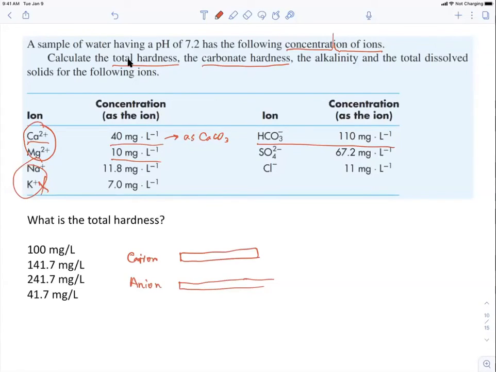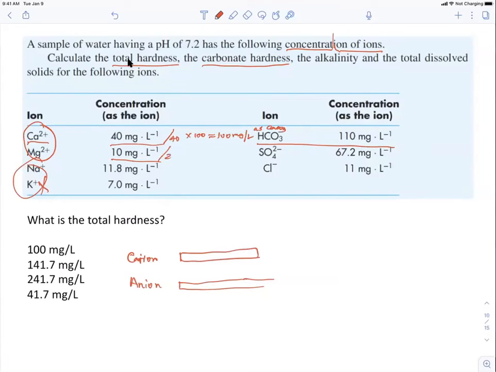So we used 40. So basically, use 40 divided by 40, which is the molecular weight of the calcium. And then we multiply that by 100. Okay, so you can see that this is going to be 100 milligram per liter as calcium carbonate.